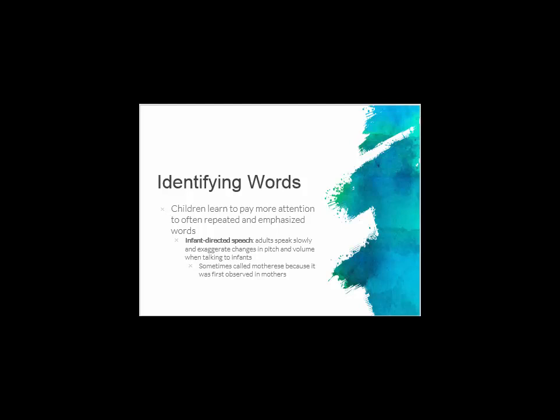Infant-directed speech is also used even by deaf parents. They might use a similar style of communication when signing to their deaf babies, so more exaggerated. So lots of times people think that baby talk is stupid, but it's actually really good for children.